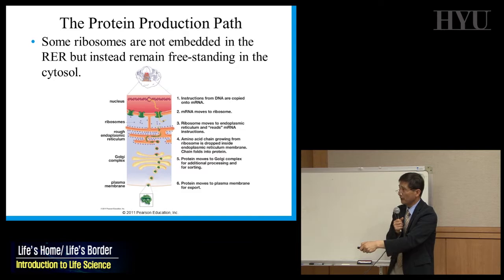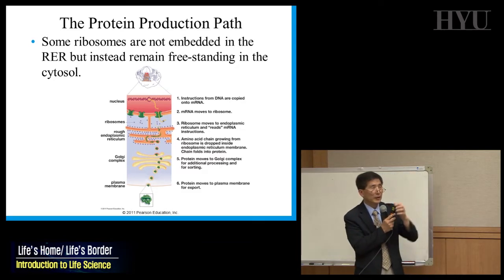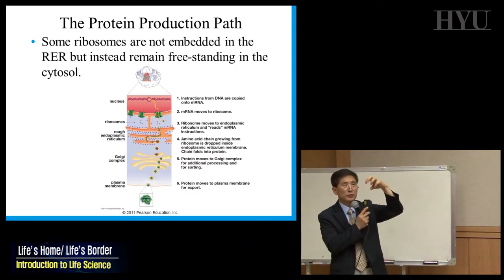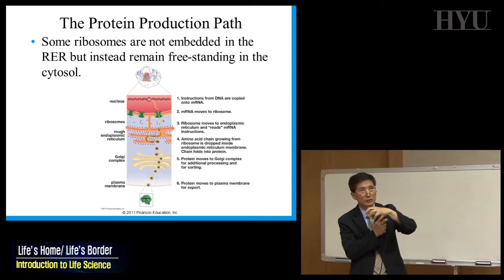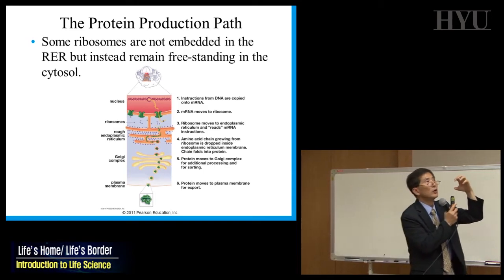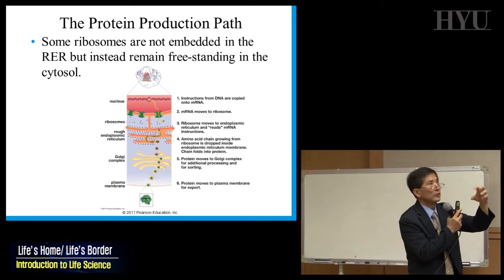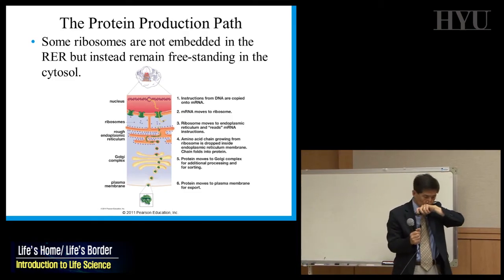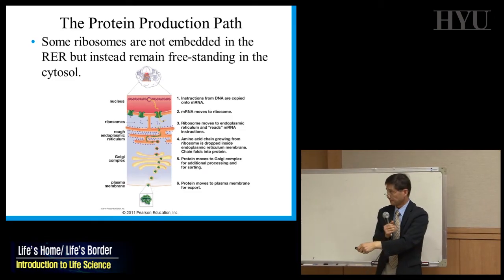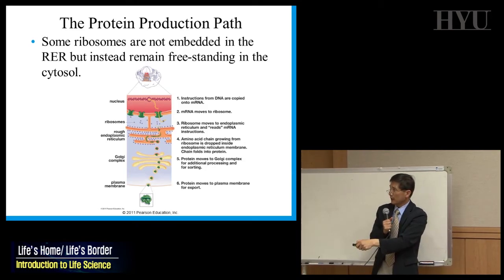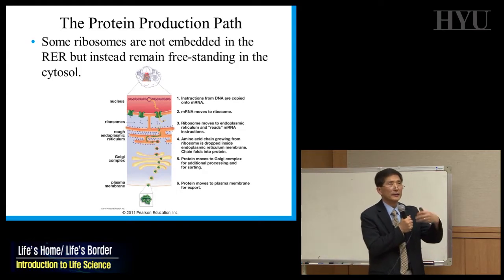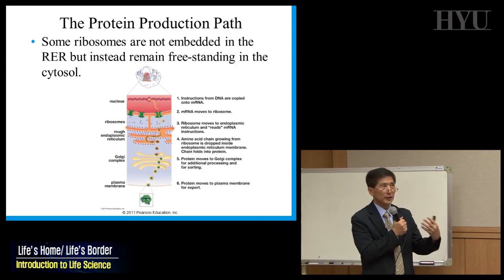But why is rough ER rough? Ribosomes stick to this endoplasmic reticulum. That's why it's called rough endoplasmic reticulum. So the RNA comes out, sits on top of the ribosome, and they start to make protein.